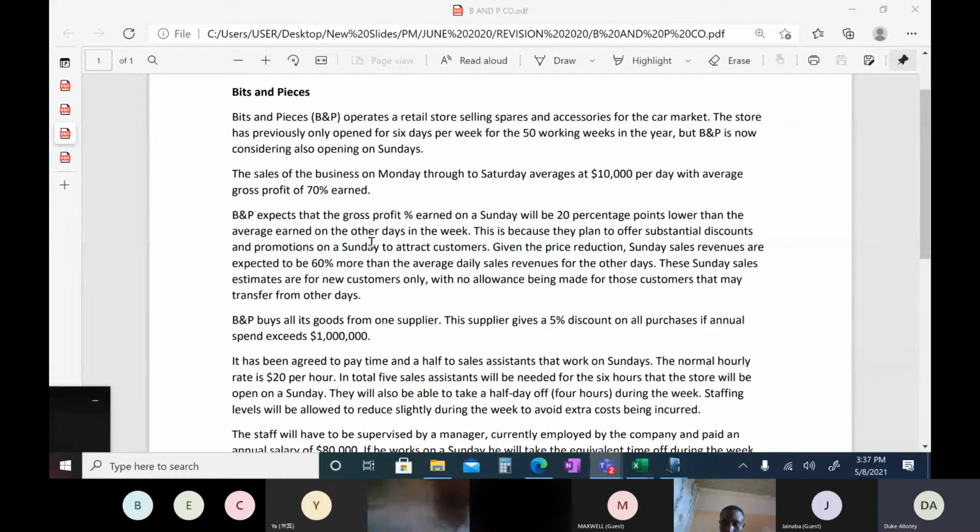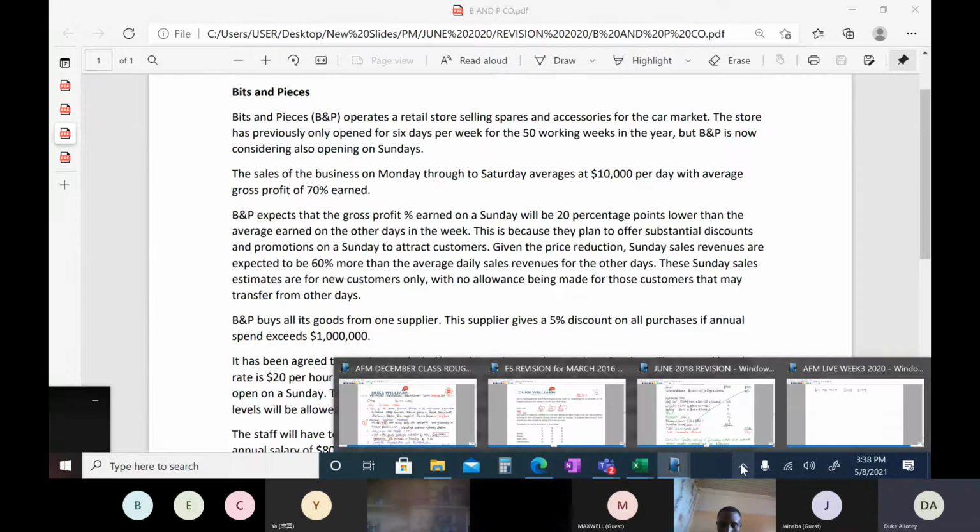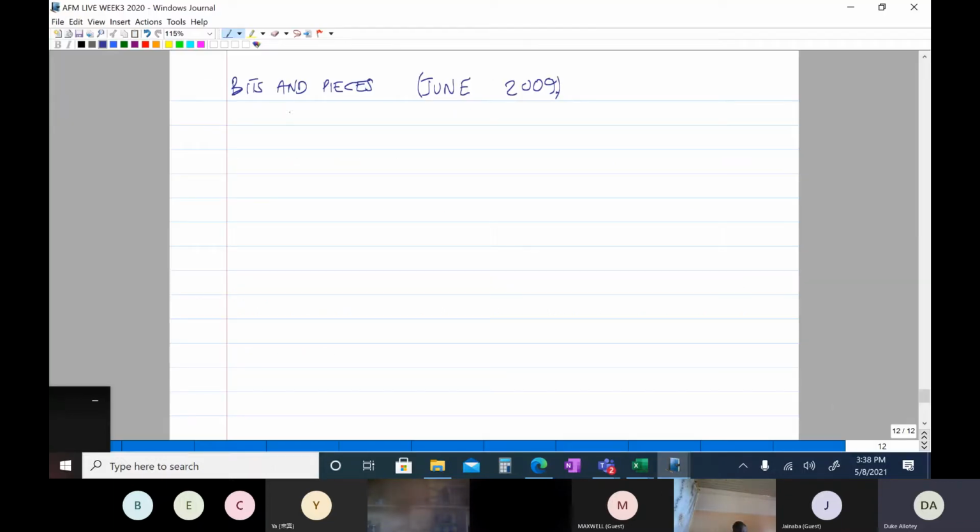And what I want to demonstrate with this question, I want to believe each and every one of you have watched the video on applications of relevant costing, particularly to do with make or buy decisions or further processing decisions where we have to look at incremental cost against incremental revenue.